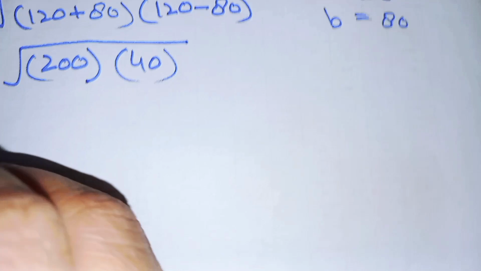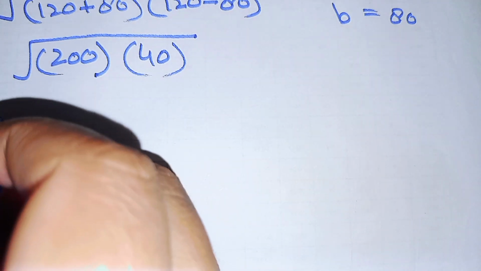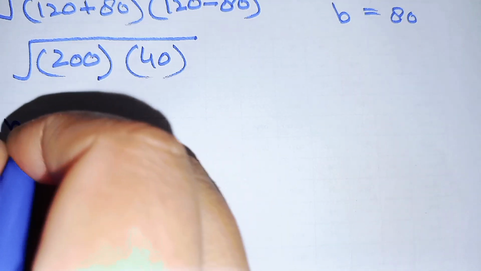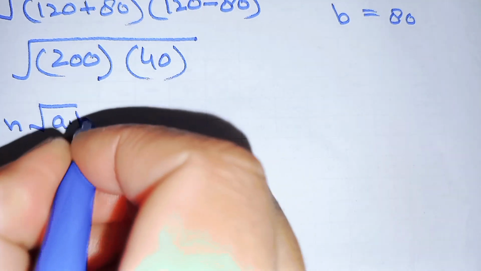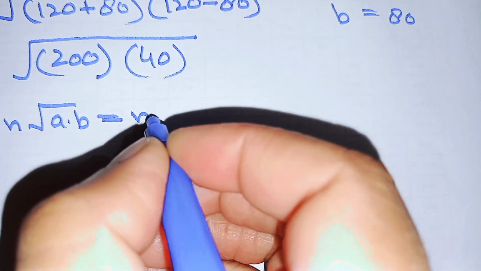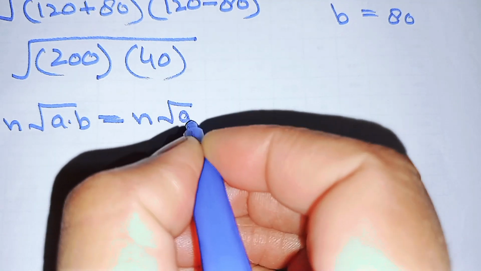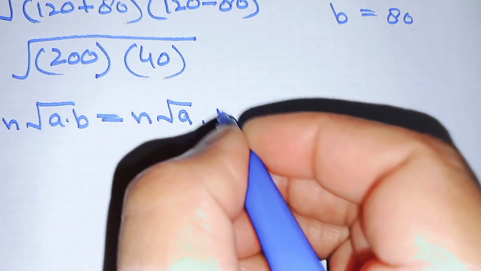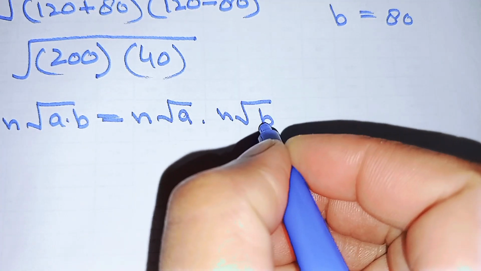And now here we use an identity, which is the nth root of a times b equals the nth root of a times the nth root of b.